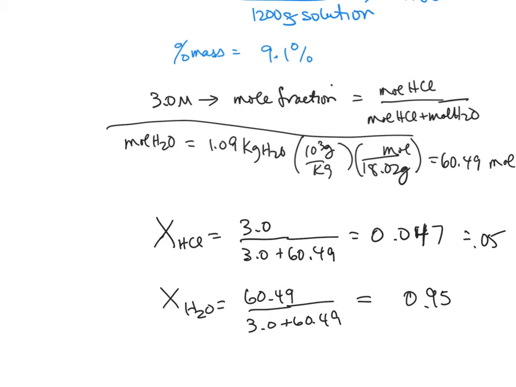And then we'll start a new page for the second one. So the solution 2 has density 0.80 grams per milliliter, and we are given that the molality is 0.020.